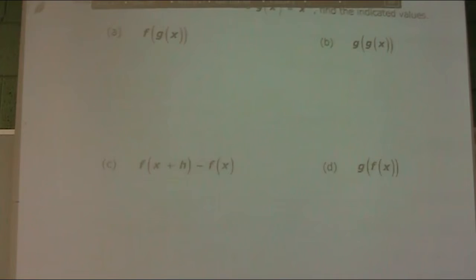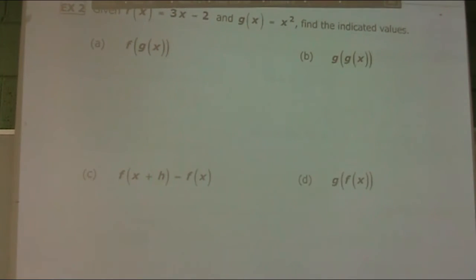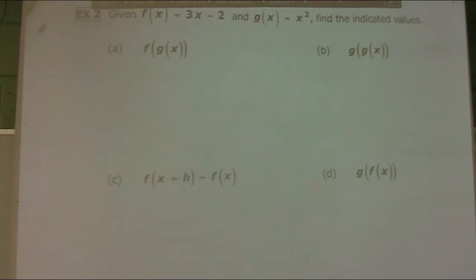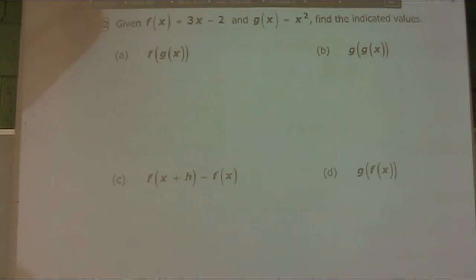All right, let's go to the next page. And we've got our same function values. And we're going to find some more compositions of functions. So here's what I've got. F of g of x. Now, we know what g of x is. It's x squared.